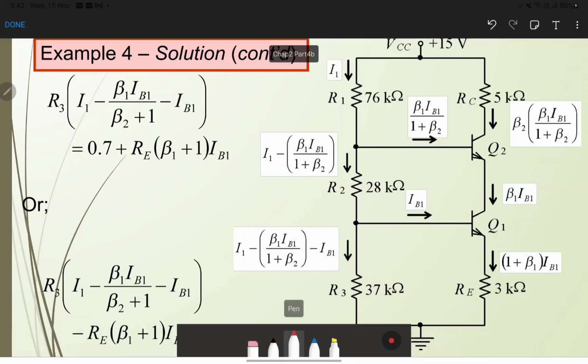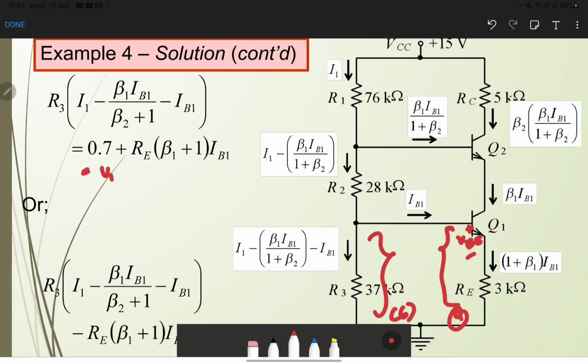The second relation is, we can assume that the voltage at the right side, which we call point A, is equal to the voltage at the left side at point B. So the voltage at the right, point A, we know that it is VBE plus the current entering the resistance RE, so RE times (1 plus beta 1) times IB, for the voltage at point A. Then it equals the voltage at point B. The voltage at point B is the current entering R3, so R3 times (I1 minus beta 1 IB1 over beta 2 plus 1, minus IB).